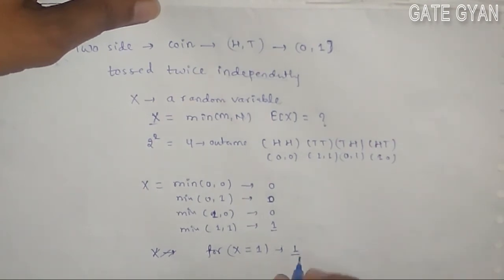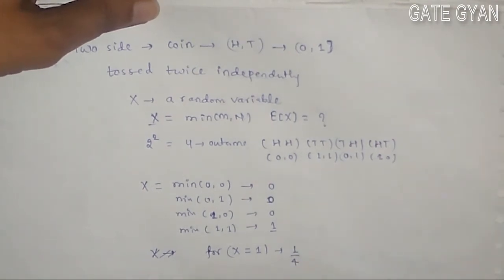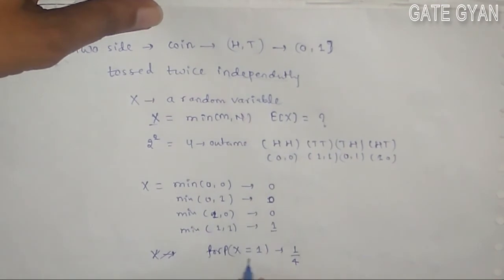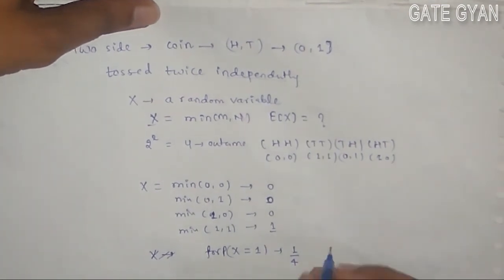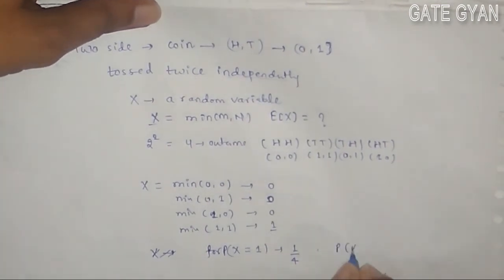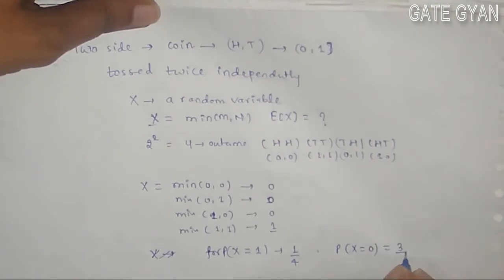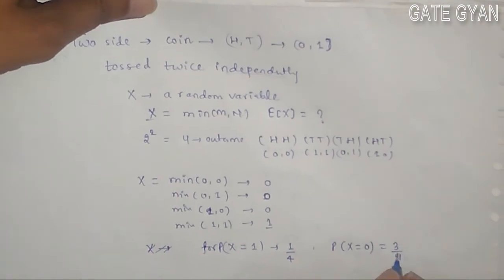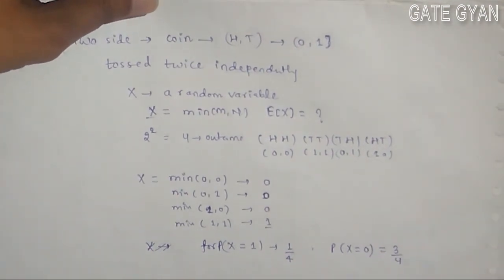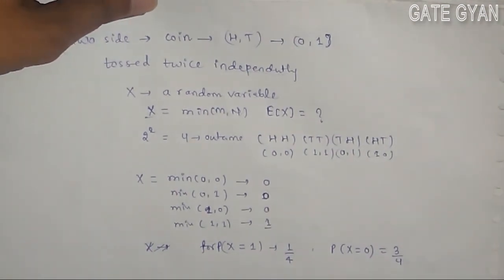So for x equal to 1, probability is going to be 1 by 4. This is P of x equal to 1, and P of x equal to 0 is going to be 3 by 4, since out of 4 total outcomes, 3 are 0.